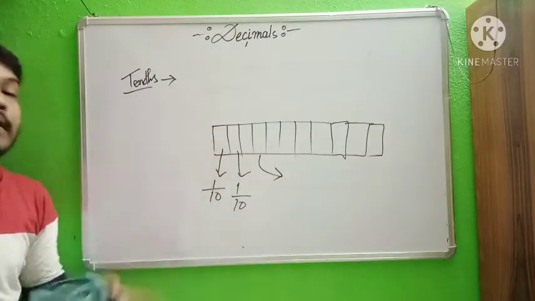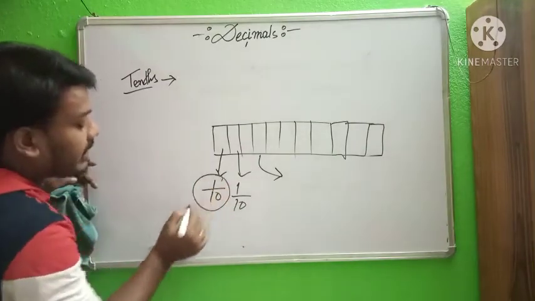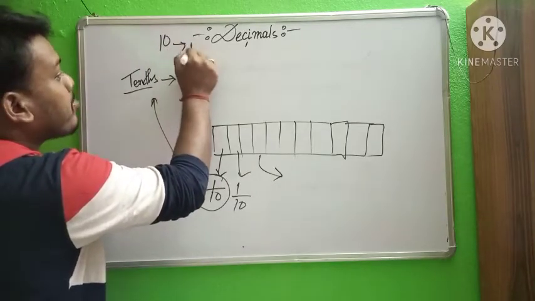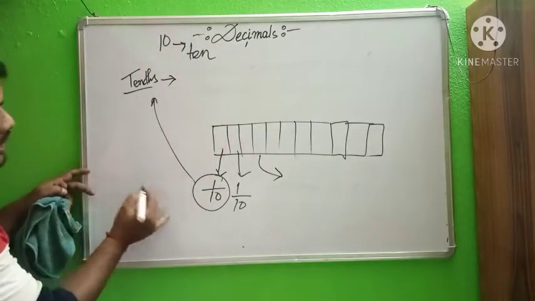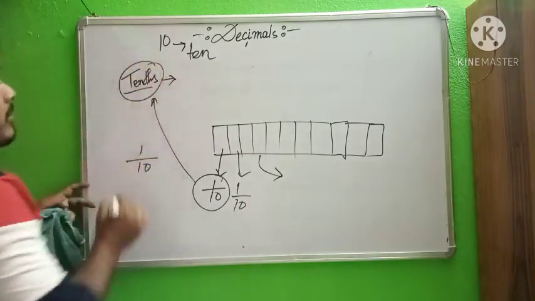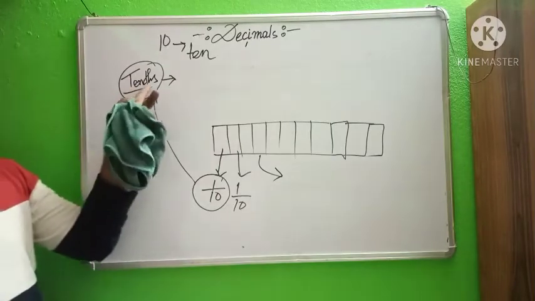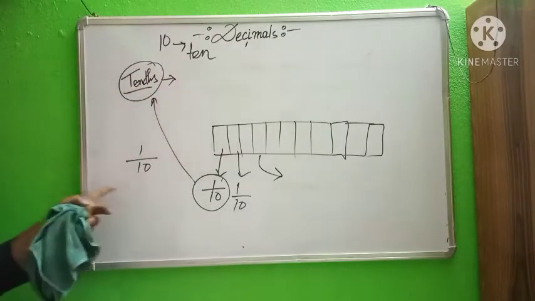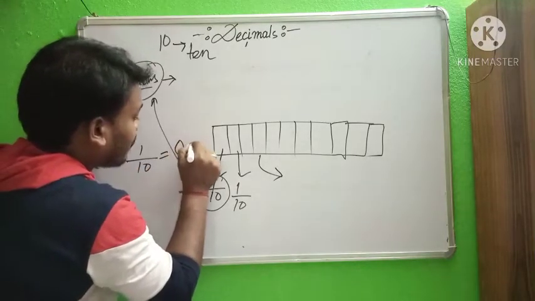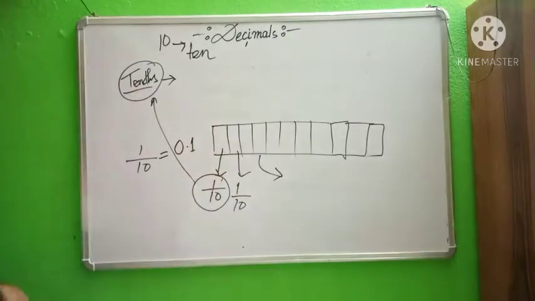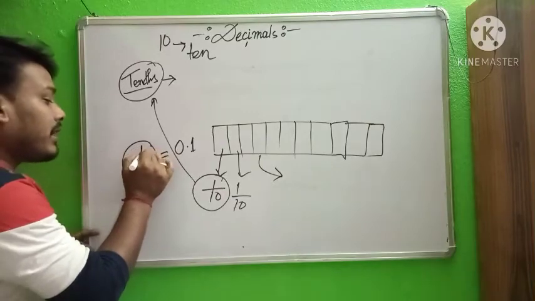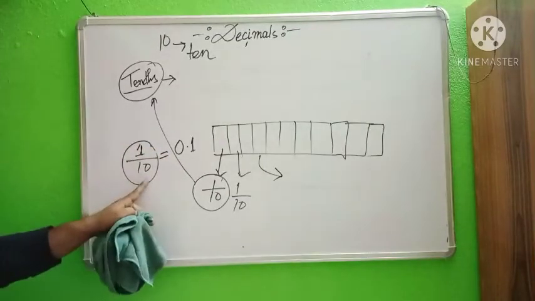This 1 by 10 is called tenth. Generally we call 10 'ten', but when it becomes the denominator, as in 1 by 10, we call it tenth. It is written as 0.1. So it is a tenth when the numerator is 1 and the denominator is 10.